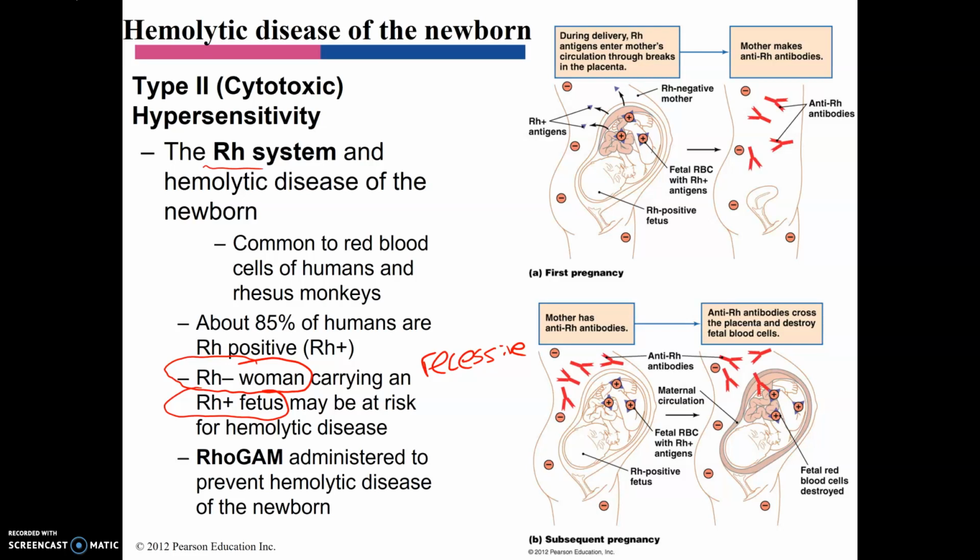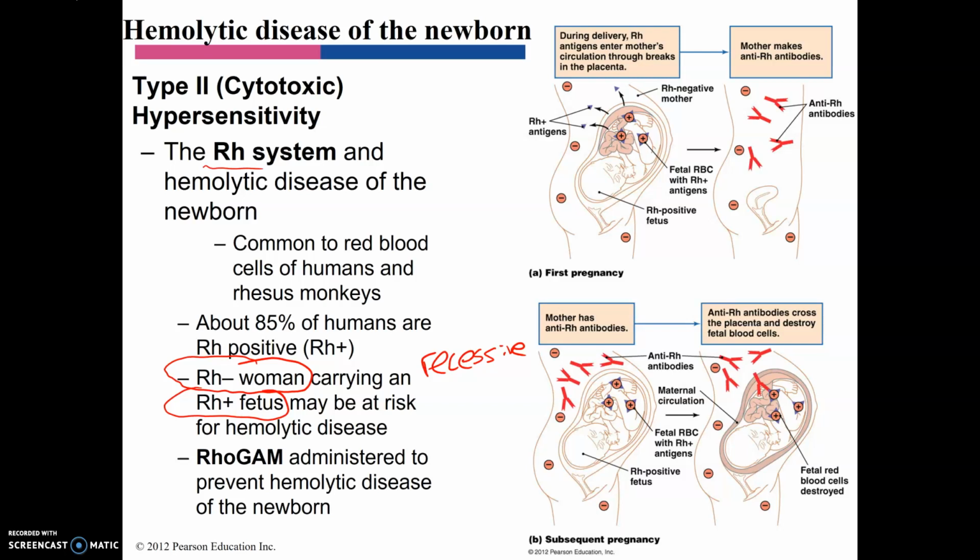If a woman is Rh negative, she would have the capacity to respond to Rh because it would be a foreign antigen for her. So if she is negative and she has an Rh positive fetus, then the potential exists for her to develop antibodies to the Rh factor.